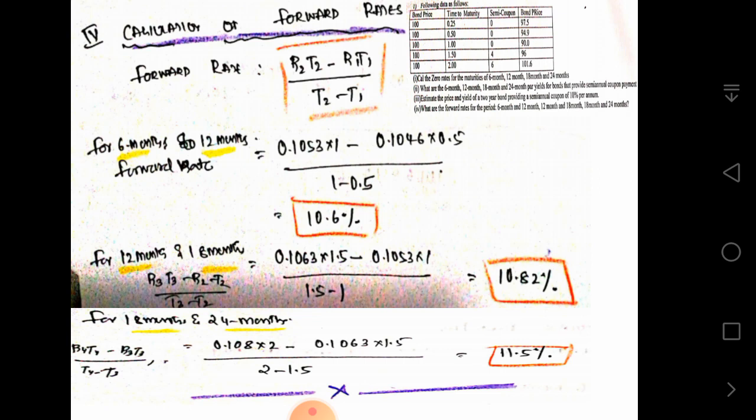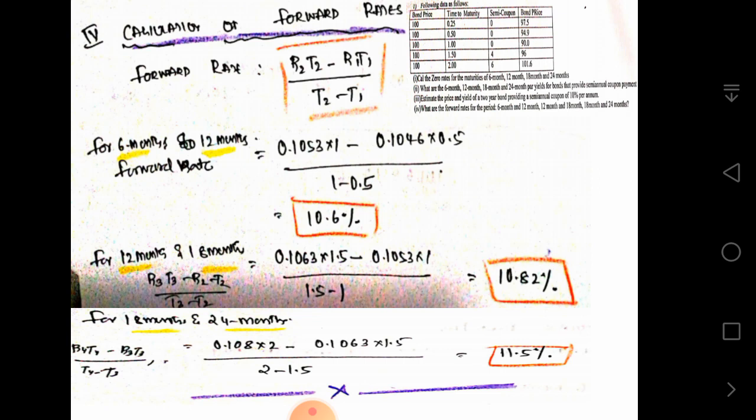So if I want to calculate the forward rate between 6 months and 12 months, T2 would be 12 months, R1 would be the 6 months zero rate, R2 would be the 1 year zero rate, and T1 would be the 6 months time, right.